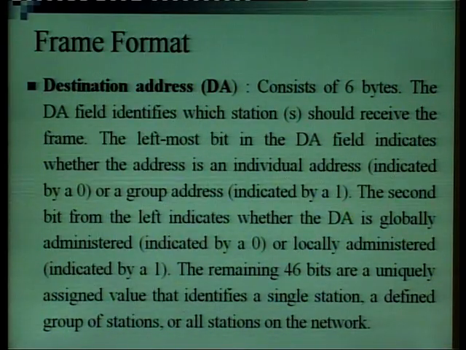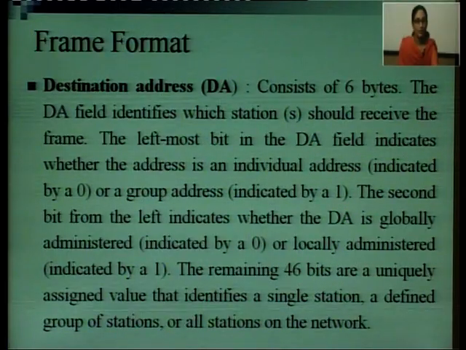The leftmost bit of the destination address indicates whether the address is an individual address if it is 0, or a group address if it is 1.